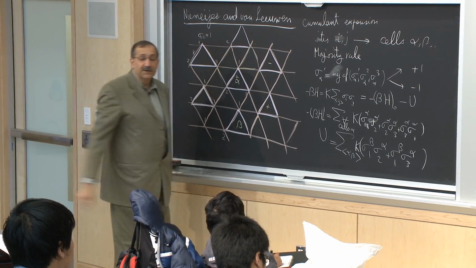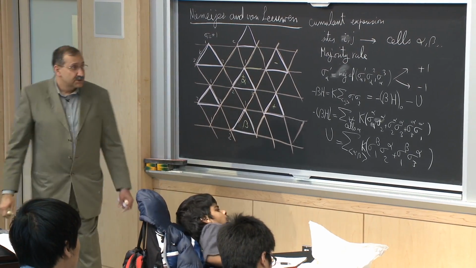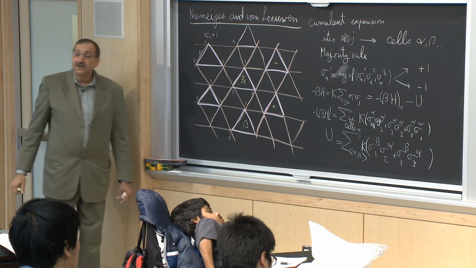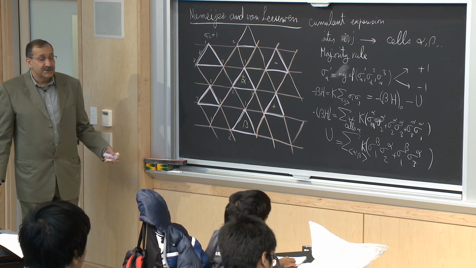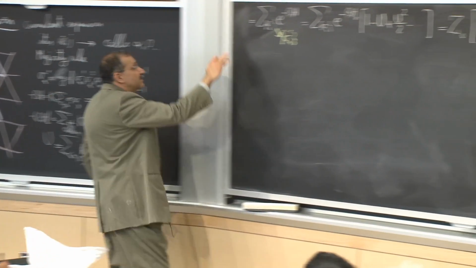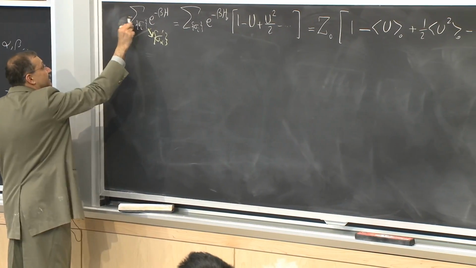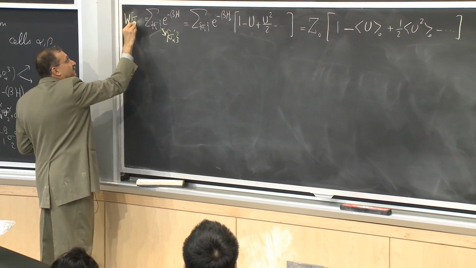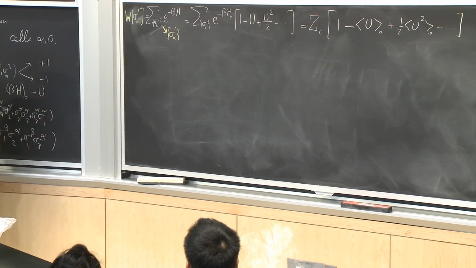So basically, I specify what configuration of cell spins I want, and I do this sum. So the answer there is some kind of a weight that depends on my choice of these sigma alpha primes. Okay?